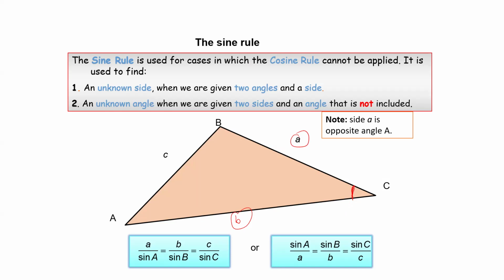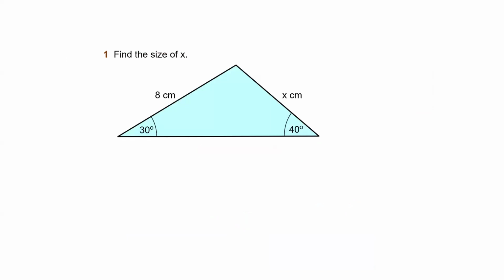Okay, now let's solve. Find the size of x. Looking at this, we have two angles and one side, so we can find this other side. Note that the sine rule connects a side and the opposite angle.